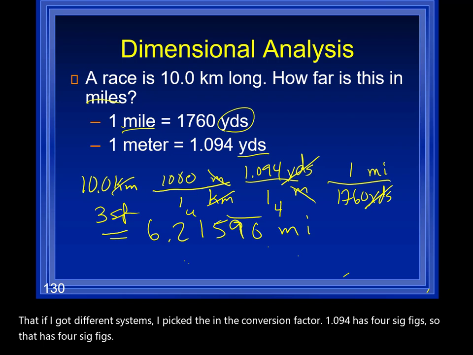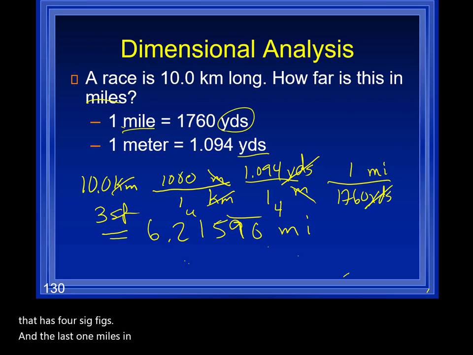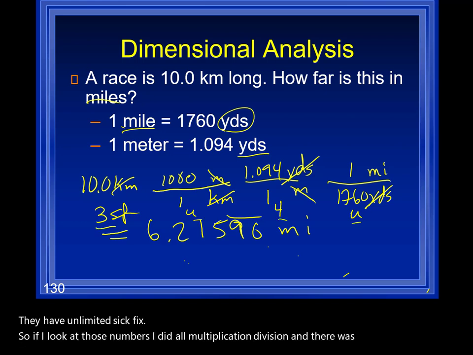And the last one, miles and yards, same system or different systems? Well, that would be the same system. Okay? So if they're the same system, they have unlimited sig figs. So if I look at those numbers, I did all multiplication division, and there was 3, unlimited, 4, and unlimited.